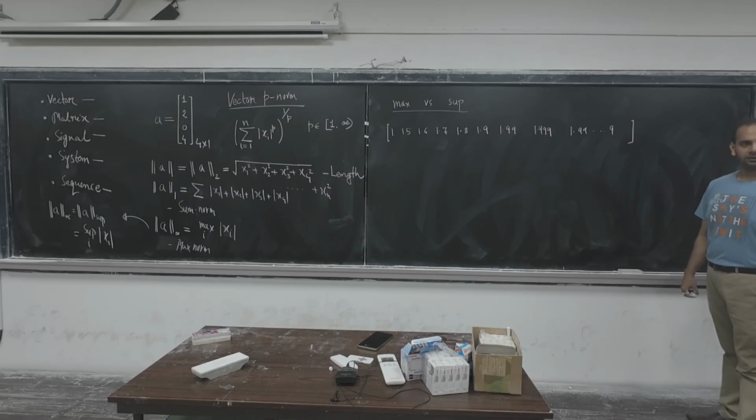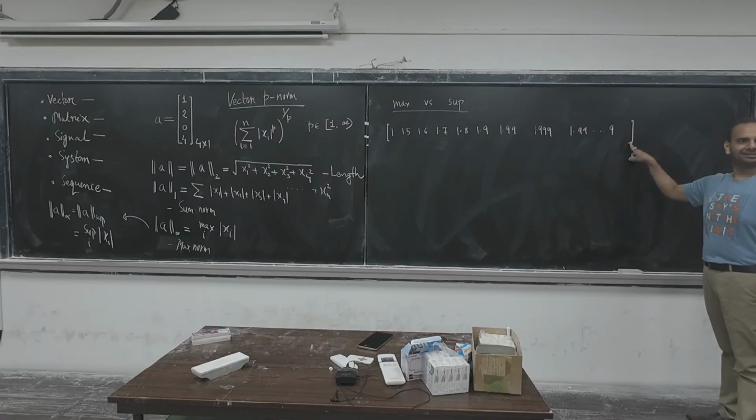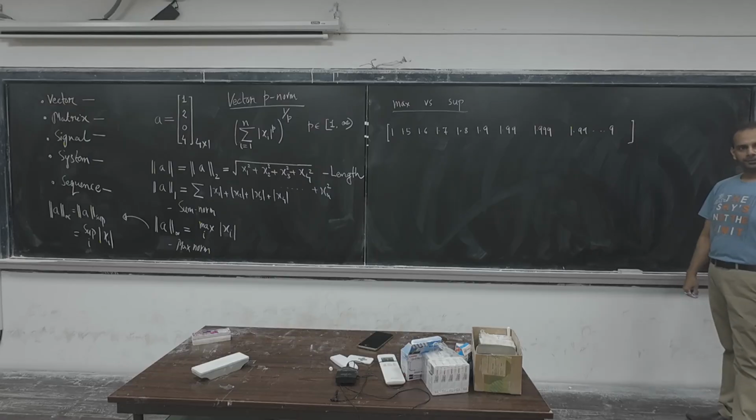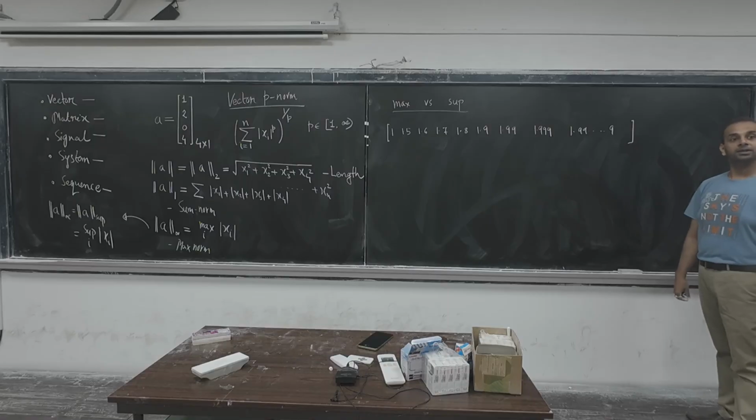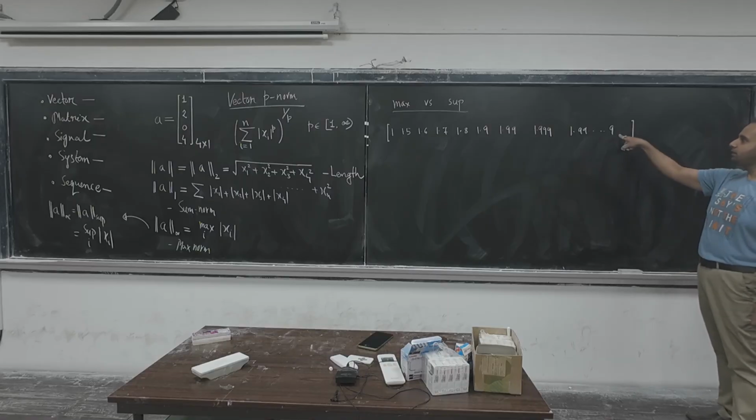Essentially, the difference is supremum may not be attained. If you call a quantity the maximum, then that particular element has to be included in that set. But supremum may not be included in the set. So supremum can be outside of the sequence. The same concept holds for the infimum.